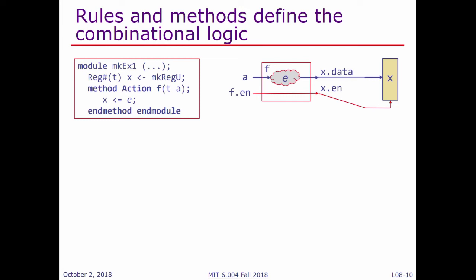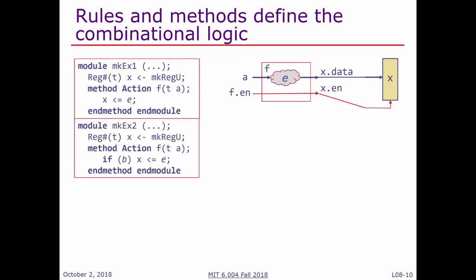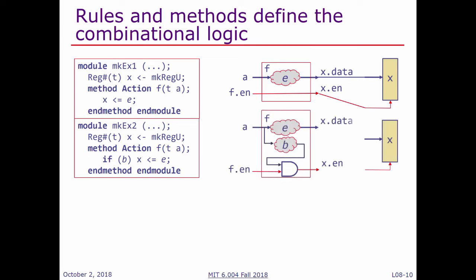Let's look at a few more examples. How about this one? How many registers should I allocate? 1, right? So just like before, we have register X, and look at the method here. What is the method like?